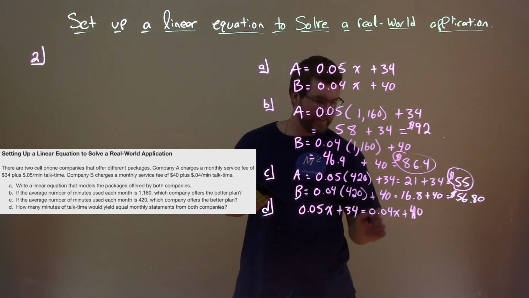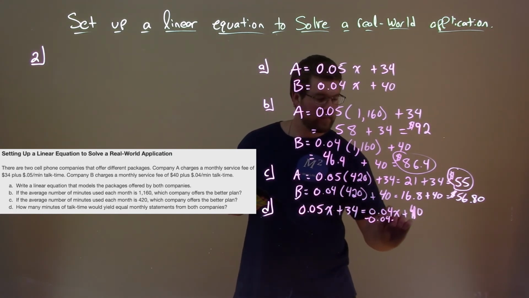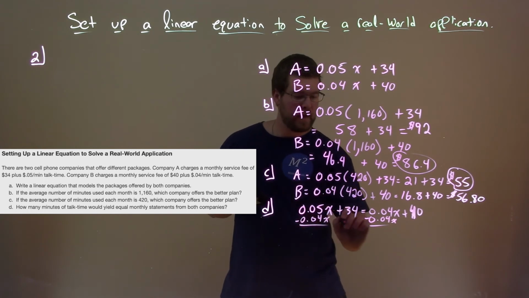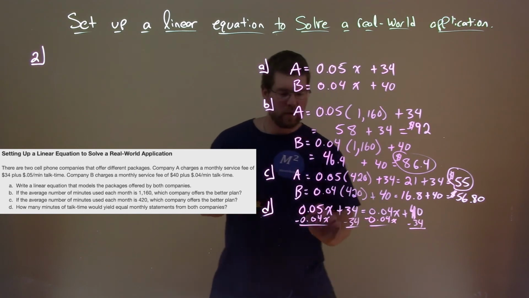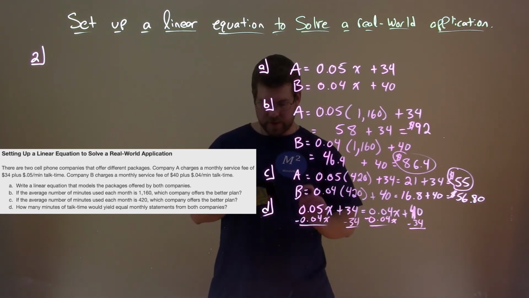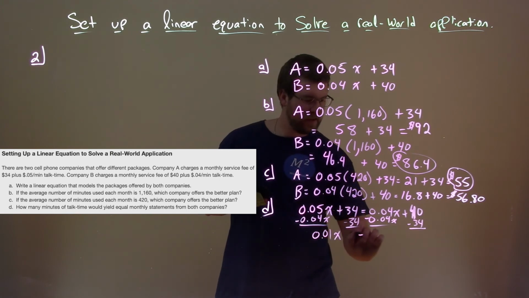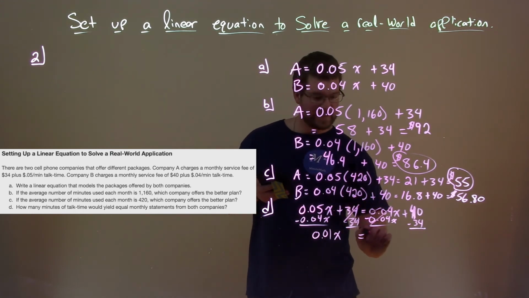Let's bring the 0.04x to the left, and then we'll bring the 34 to the right. And what we're left with here is 0.01x is equal to, these cancel, and 40 minus 34 is 6.